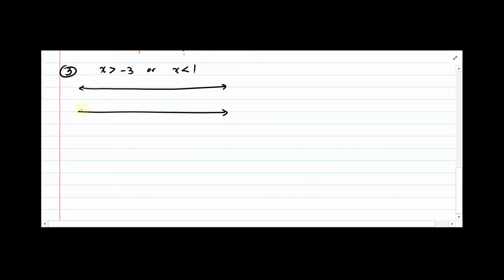Alright, question 3. X is greater than -3 or x is less than 1. Okay, so go ahead, proceed, and then we will compare our answers in a bit. Right.